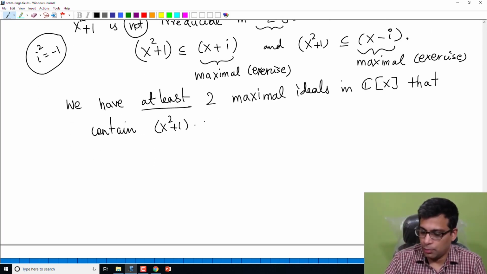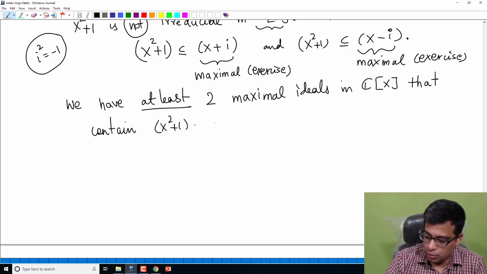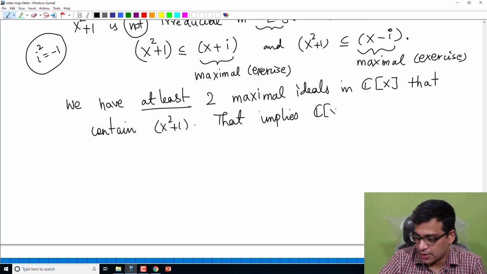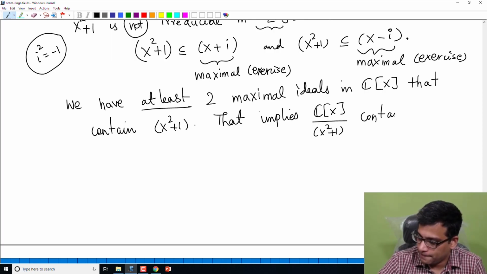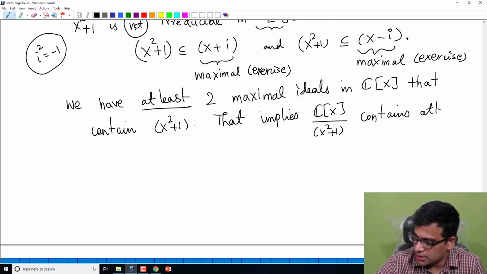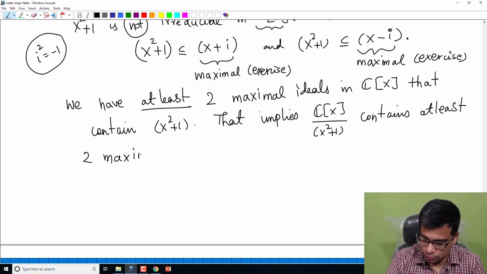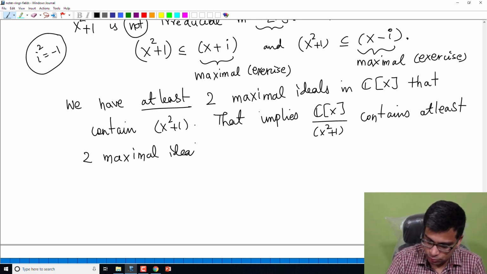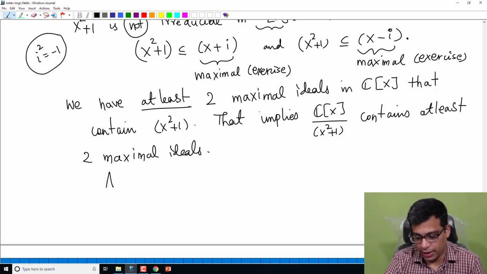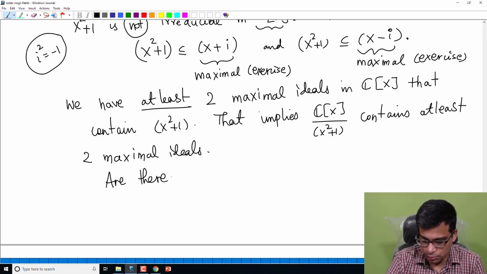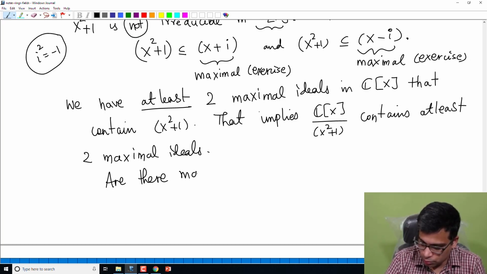Okay, but now that implies, by the correspondence theorem, C[x] mod x squared plus 1 contains at least 2 maximal ideals. Now the question is, are there any others? Are there more?